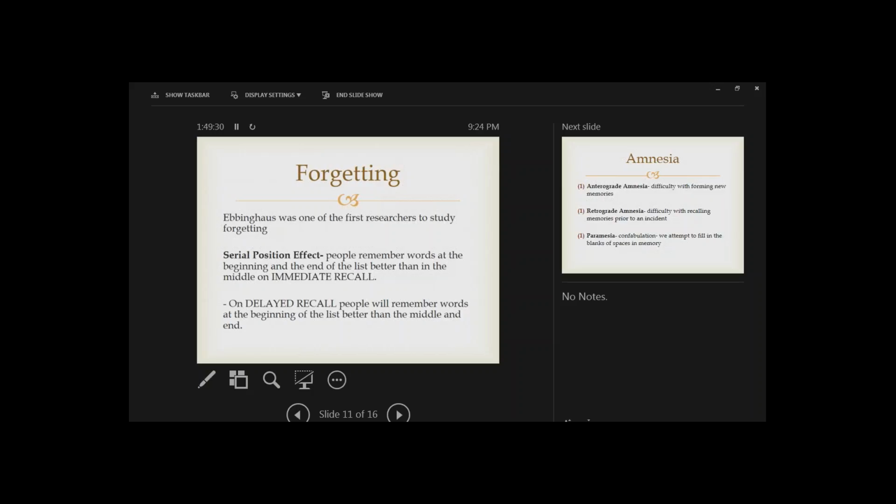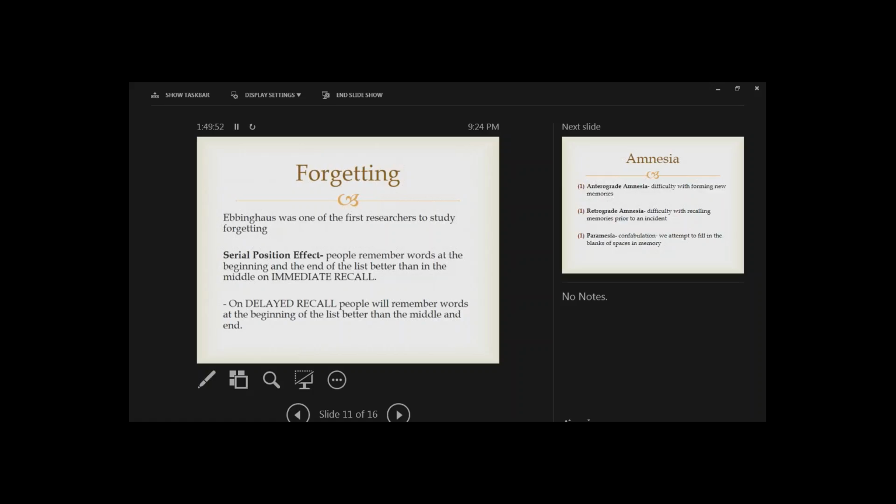What tends to happen on word lists, when we look at the serial position effect, is that people tend to remember words at the beginning and the end of the list better than the middle on immediate recall.